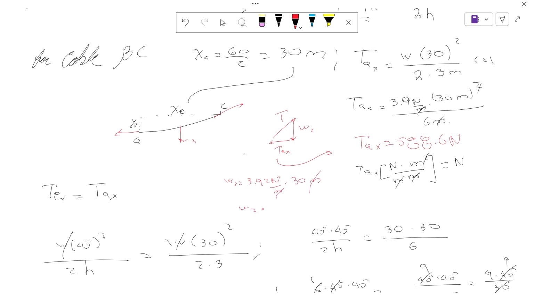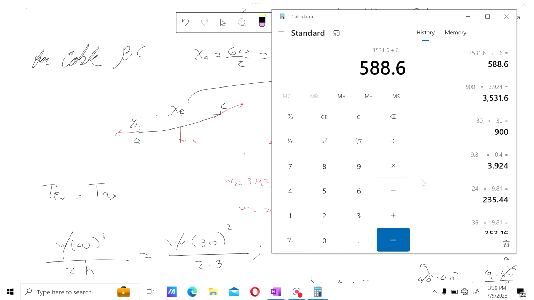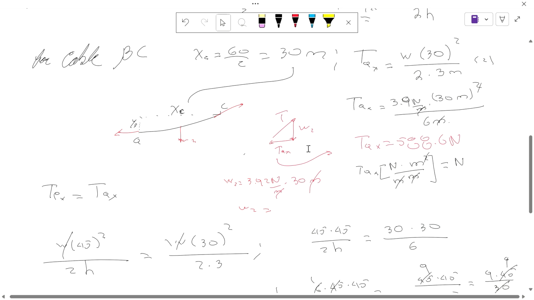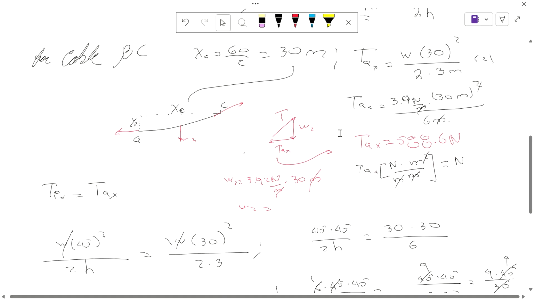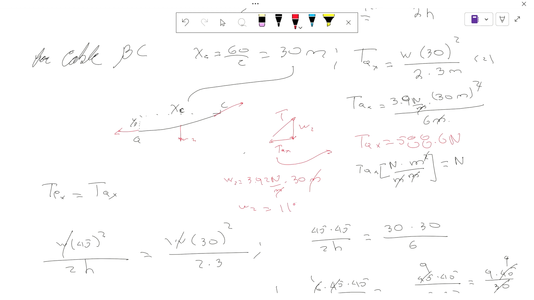So W2 is equal to 30 times 3.92 newtons. That is 117.6. But wait a second, what distance do I need to use? Yeah, so 117.6 newtons. So we have that and that.